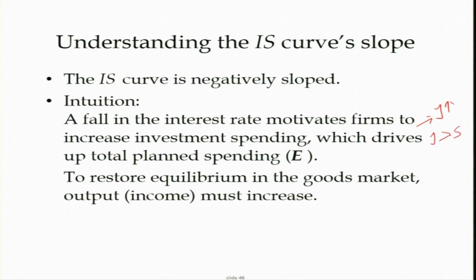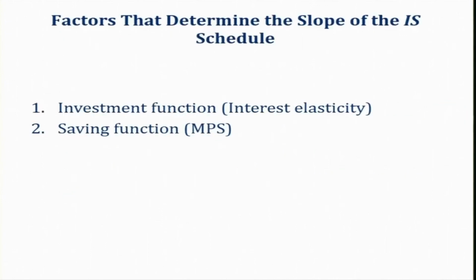So in order to restore equilibrium in the goods market, saving must also increase, and for that, income must also increase. So output must increase. That is the economic intuition for why the IS curve is negatively sloped.